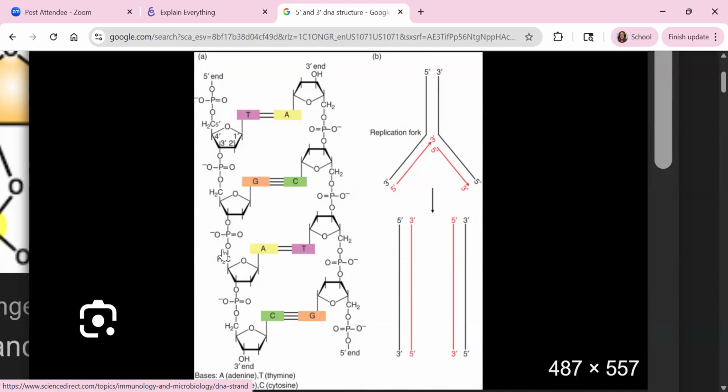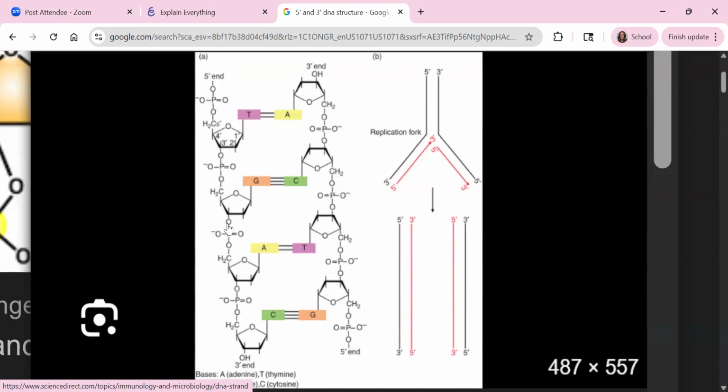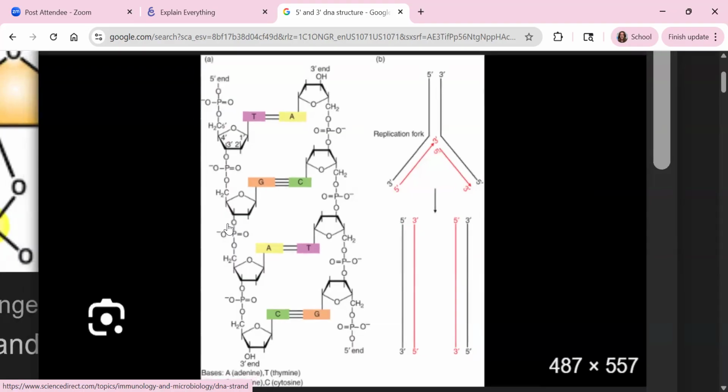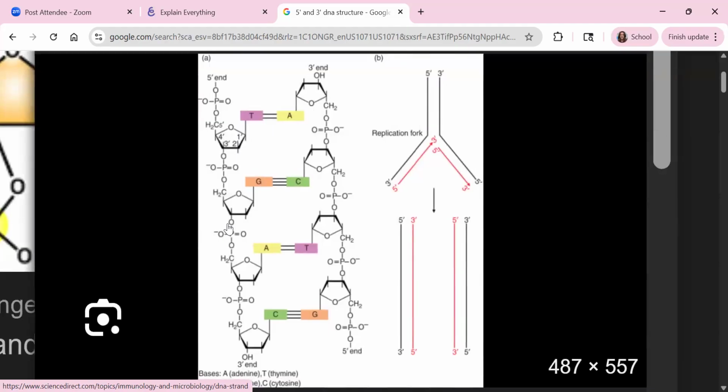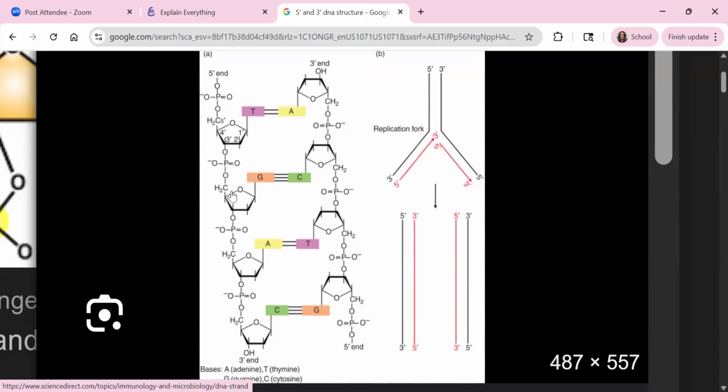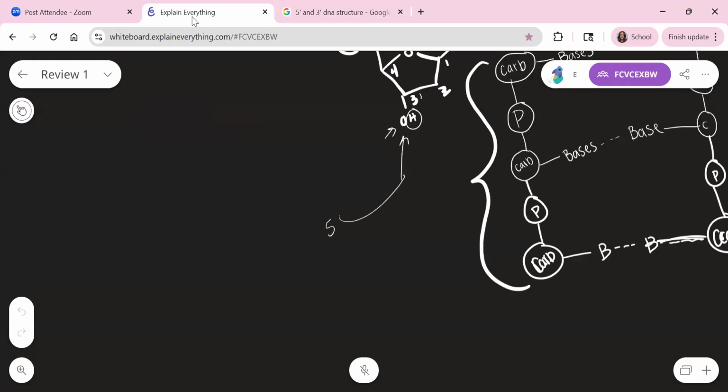So here's my phosphate, and it's binding with that 3' OH or oxygen. We just don't have the hydrogen anymore. And this is through your dehydration synthesis or your condensation. That's how we're creating this bond right here. Does that make sense? Okay.